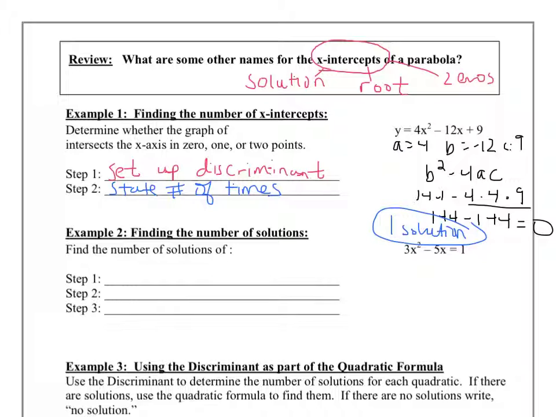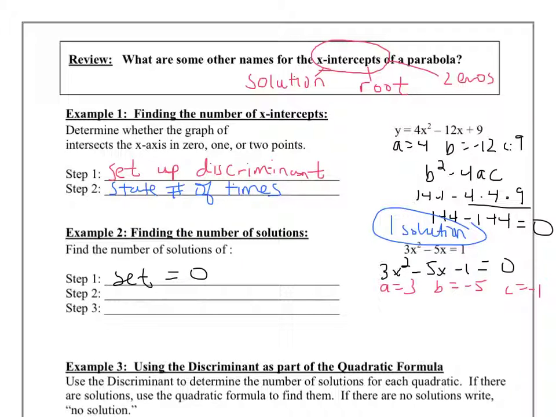All right, let's try the same thing for part 2. Here in this case we have 1 on the right, so we need to subtract it over. So we have 3x squared minus 5x minus 1 equals 0. We need to set it equal to 0, and then I can find A, B, and C. A is 3, B is negative 5, and C is negative 1.